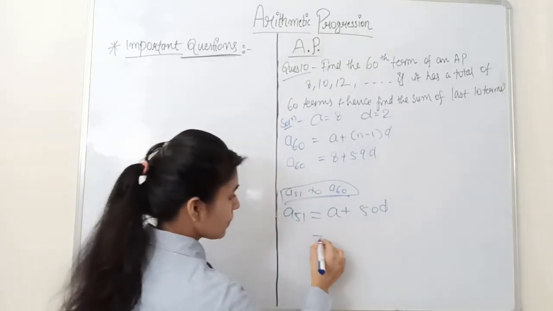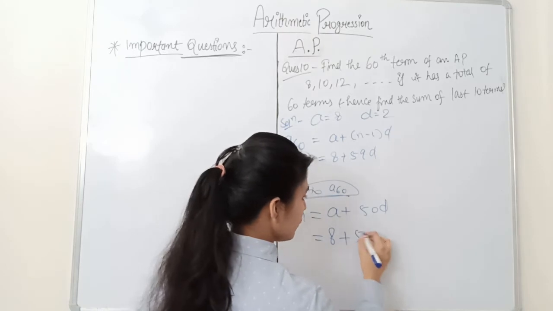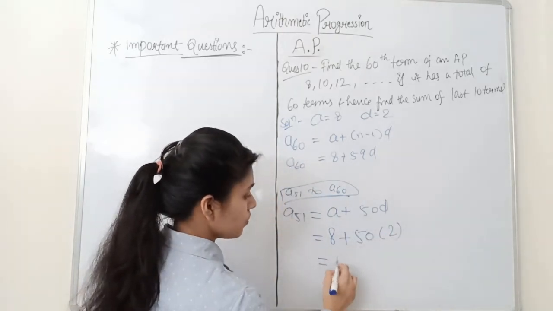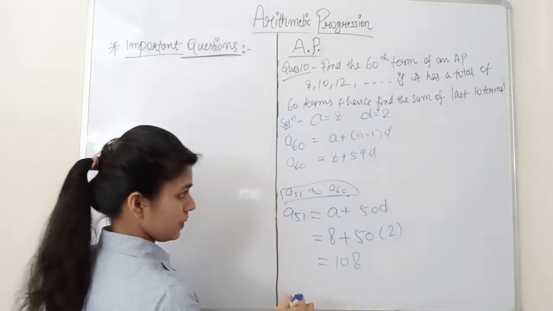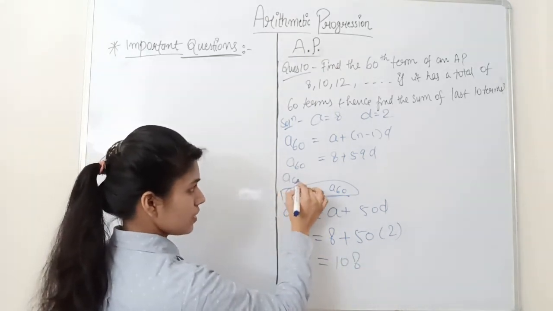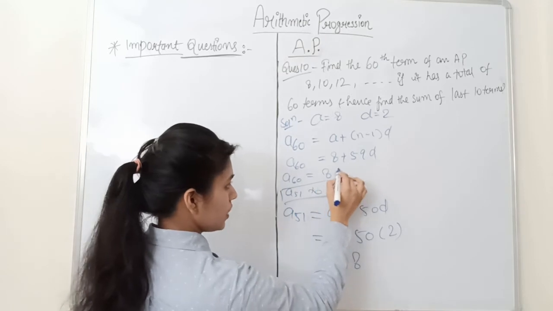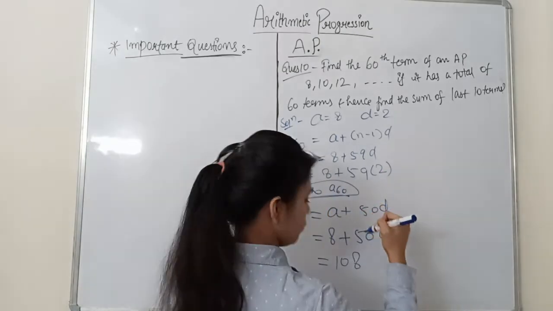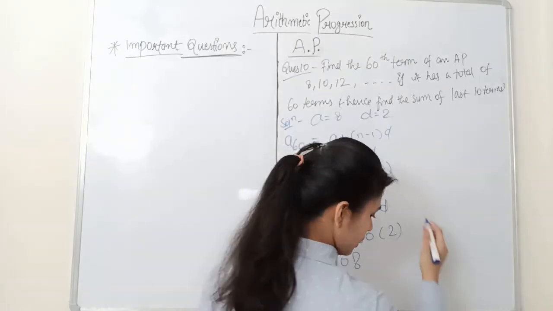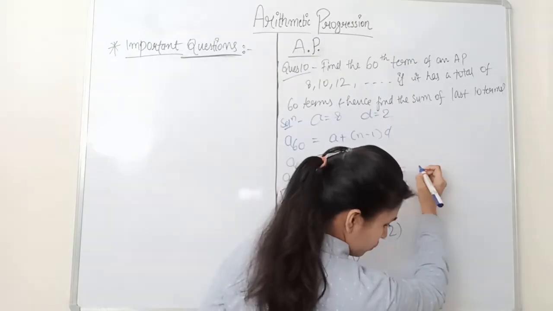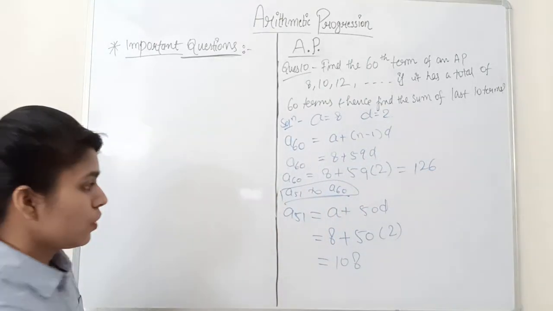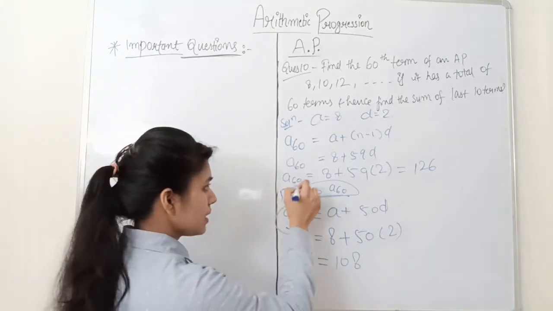What is A? 8 plus 50 into 2. This will become 108. A60 will be 8 plus 59 into 2, which will be equal to 126. So A51 and A60 will be added.